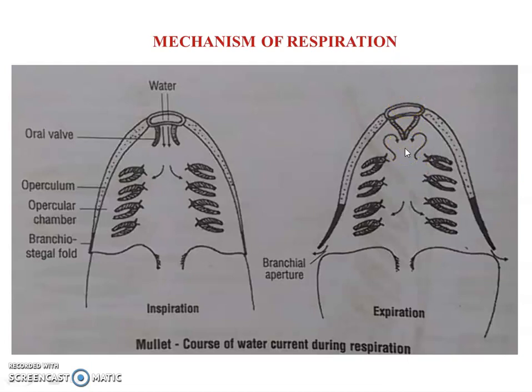Now what happens is the branchiostegal fold over here actually opens widely, right? The branchiostegal fold is released from the body wall, and as a result, the branchial apertures open widely. Now, along with this change, simultaneously, the operculum, which had moved outward, will come back to its normal condition.